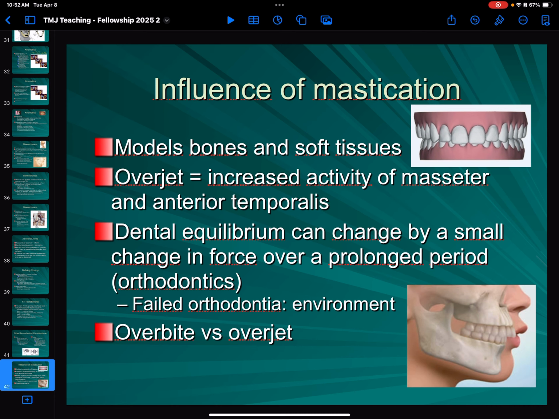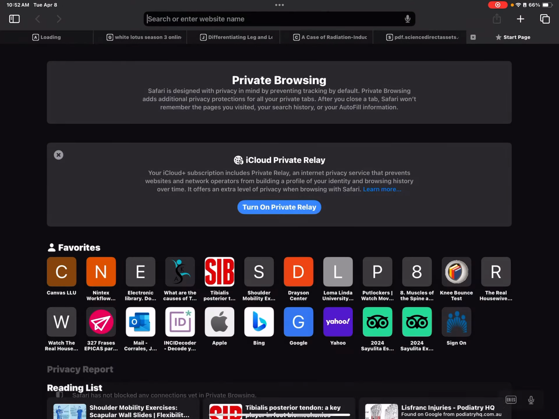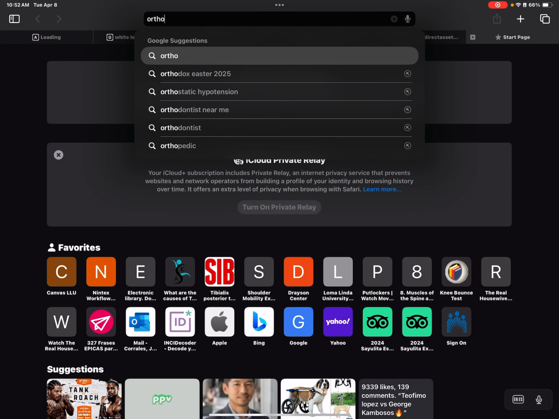I took one course in private practice, and they are making bank on TMJ patients because they coupled with local orthodontists. It was almost like everybody who got orthodontia gets VT. Do you think the orthodontist is going to be happier if their patients get out of orthodontia quicker? The patient's going to be happy.